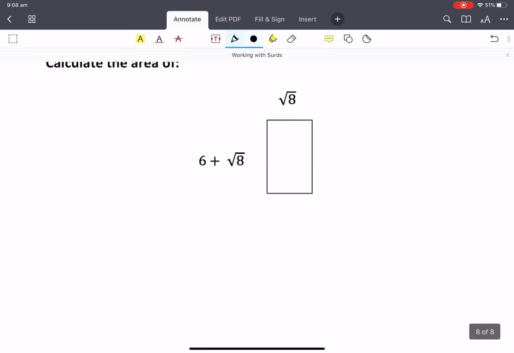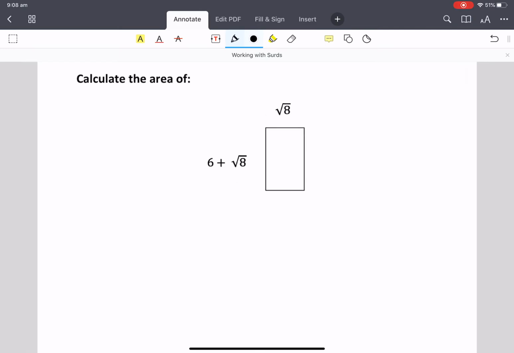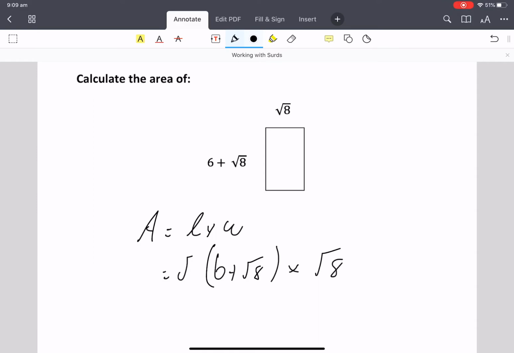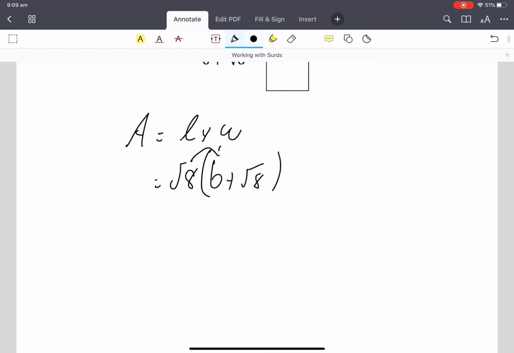Oh, last one. Let's find the area of that rectangle. So area equals length times width. The length is 6 plus root 8, and we're going to multiply by root 8. Well, I want the root 8 at the front because that's easier to go. Root 8 times 6 is 6 root 8.